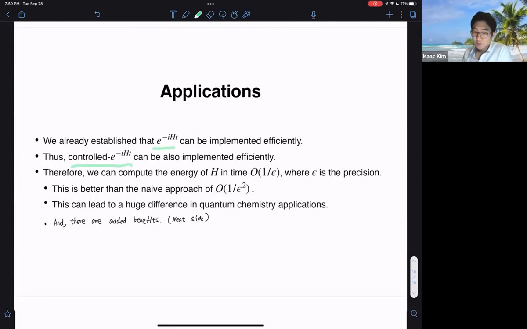And the precision of the energy that you can measure was inversely proportional to 2 to the n, where n was the size of the register that you introduced to perform the quantum phase estimation.